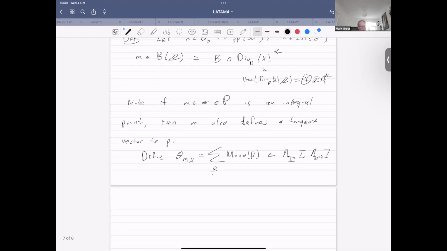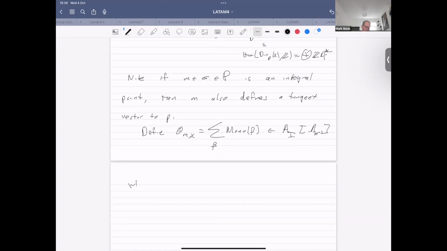So I can write theta_{m,x} as a sum of terms where beta runs over all broken lines with initial monomial z to the m and beta of 0 equal to x. So x is the endpoint of the broken line, and m tells us what direction from infinity we come in.